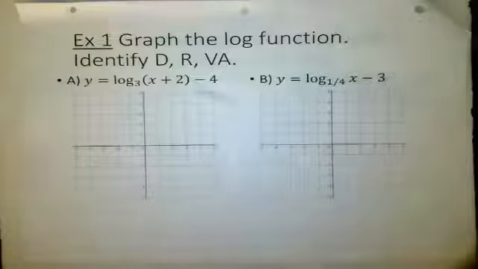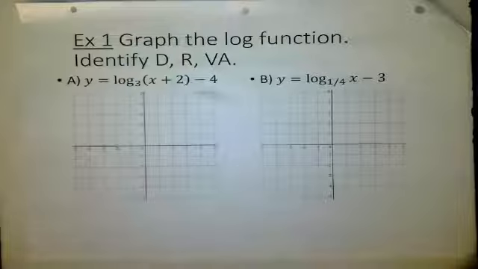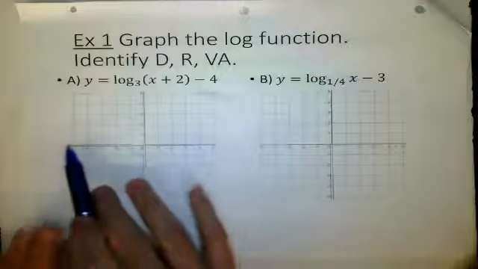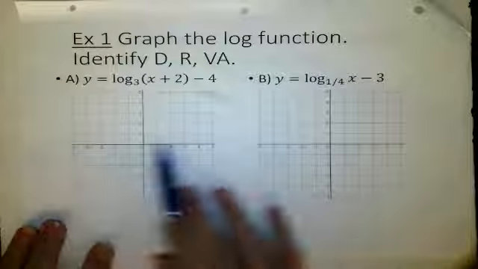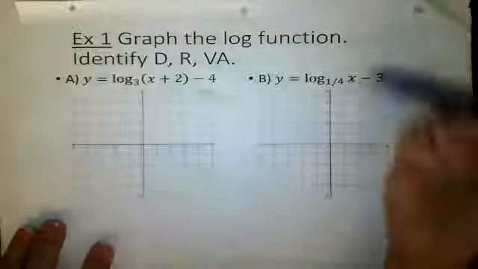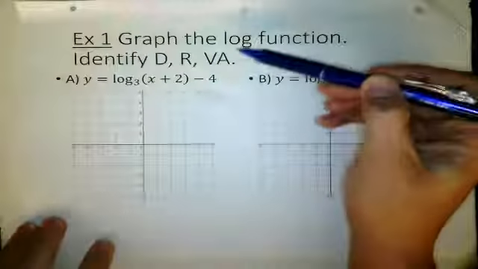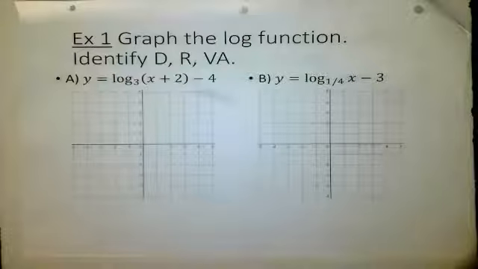Now logs and exponentials are inverses of one another, so everything is the opposite, essentially. And exponential functions, that's our Superman graph. So our Superman exponential function had a horizontal asymptote. So our log functions have a vertical asymptote. They're the opposite. Okay, so instead of a horizontal line, we have a vertical line as the asymptote.